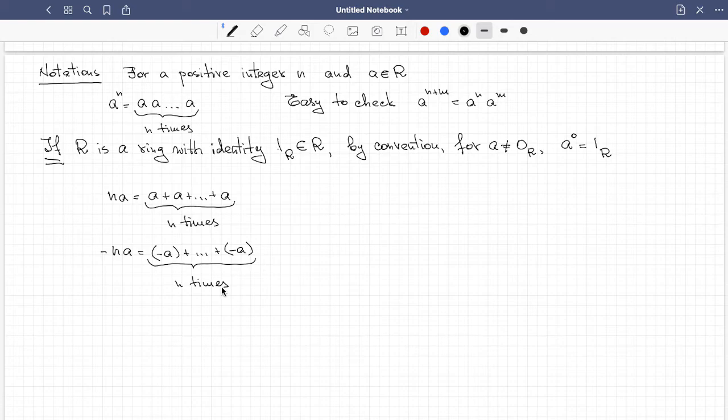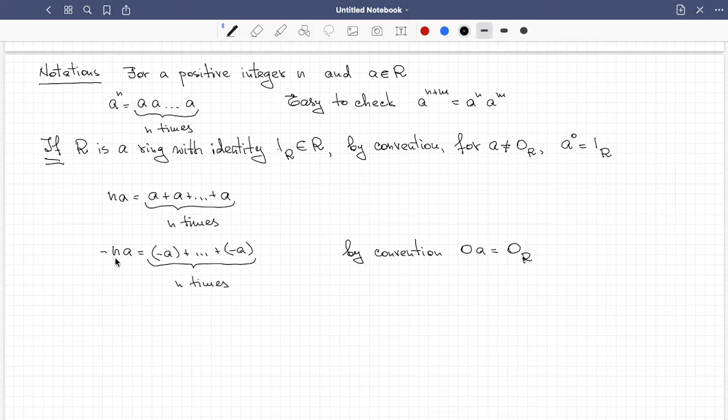Again, by convention, zero times a is zero in the ring. We have to be very careful with these things. So A is an element of the ring. 0_R is an element of the ring. N, as well as negative n, is an integer, positive or negative.